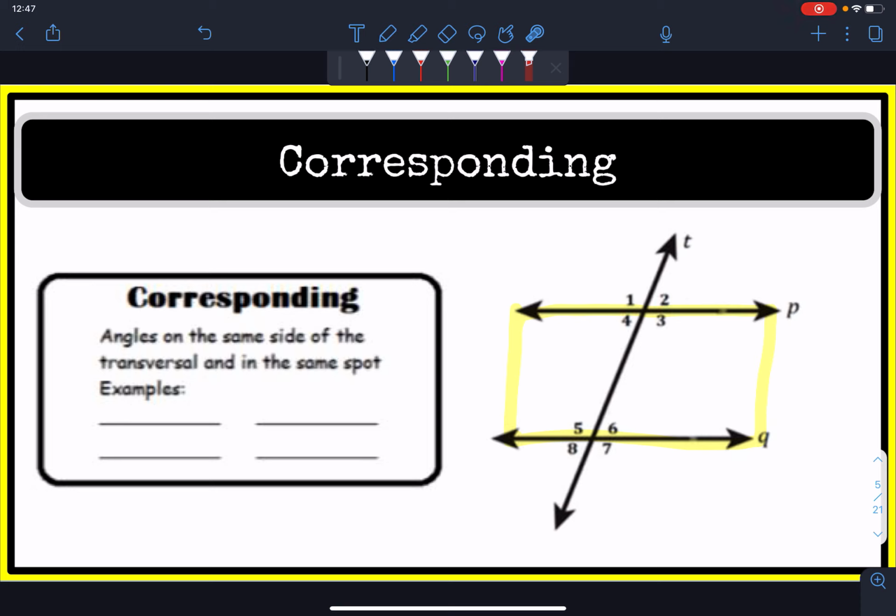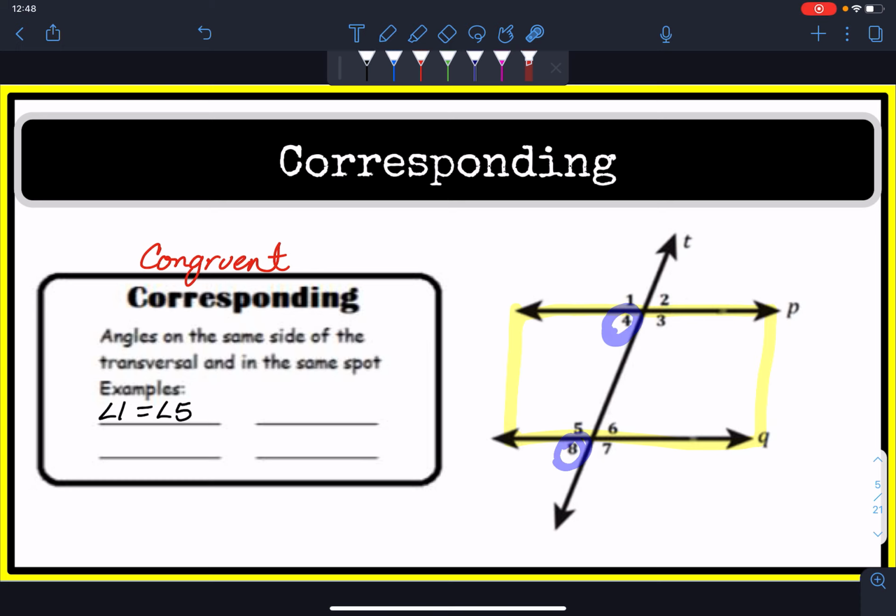Now what's important about corresponding angles is that they are congruent. Any set of corresponding angles is going to be congruent. So for example, since angle number 1 and angle number 5 are corresponding angles, that means that they're equal to each other. So angle 1 is equal to angle 5. If I look below angle number 1, which is angle 4, the corresponding angle to angle 4 is going to be angle 8.